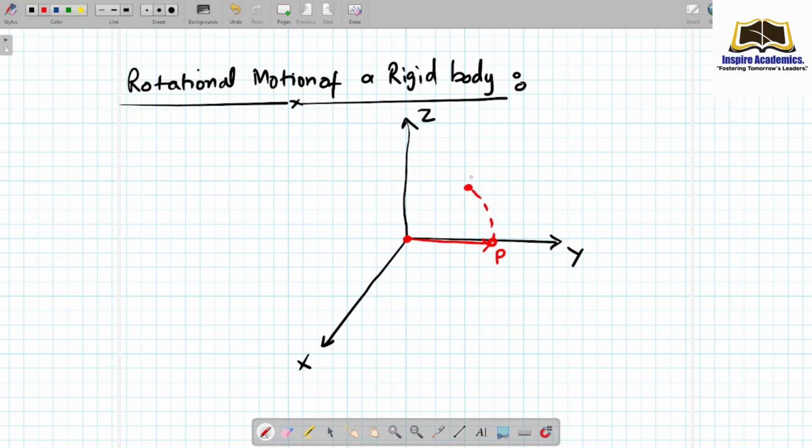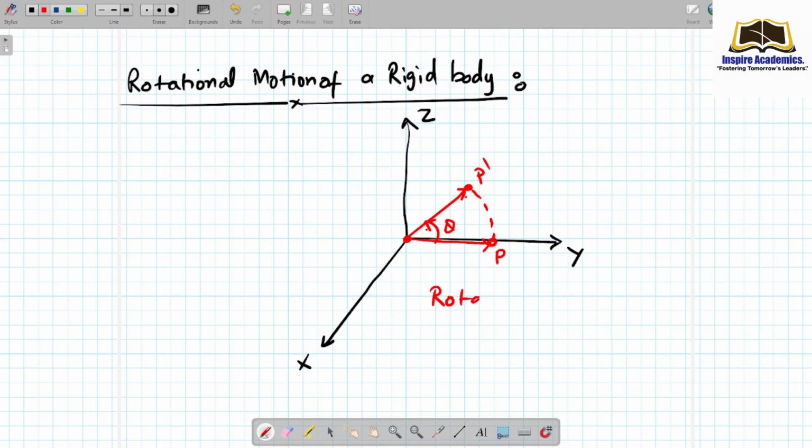Let's say since it is rotating, it reaches at P dash, and the angle theta, which we call angular displacement also. Now this rotational motion is about z-axis.